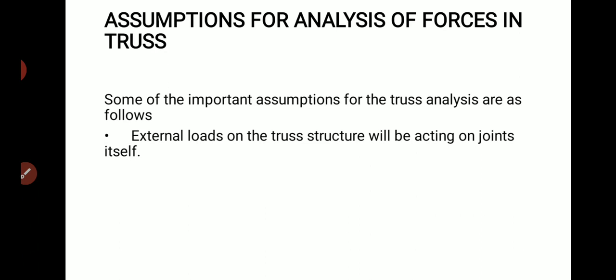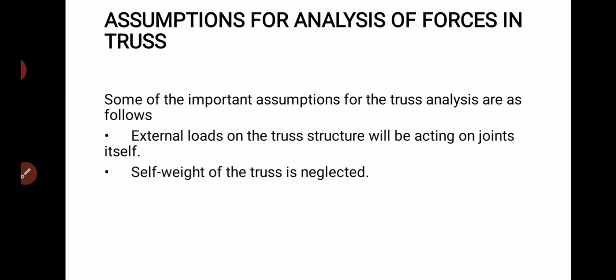Whenever a load acts on the truss structure, it will only act on the joints but not on the members. Joints are nothing but the connections between member and member.